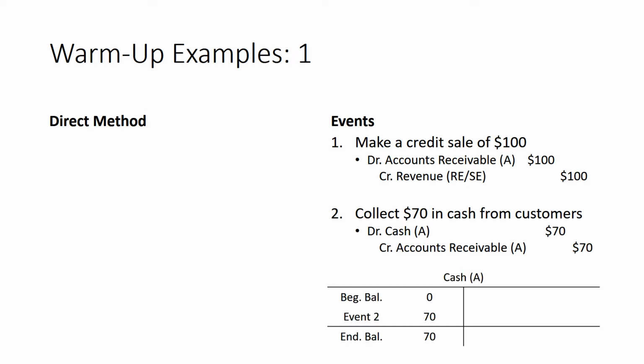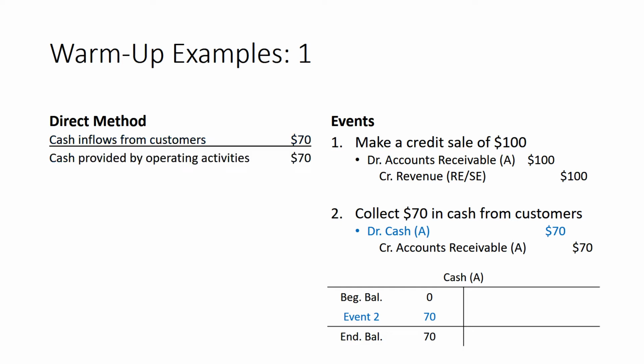Let's take a look at the cash T account. The beginning balance of the cash T account is 0. Cash collection from our customer increases our cash account by $70. So we can record the $70 as cash inflows from our customers. We don't have any other cash activities, therefore this is all the cash that we have.